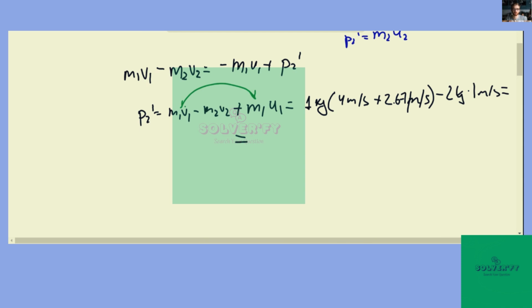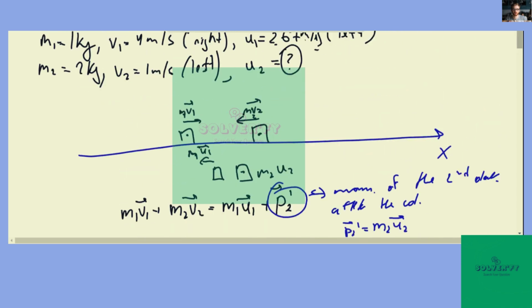Now let's calculate this number. It equals 4.67 kilogram meters per second.